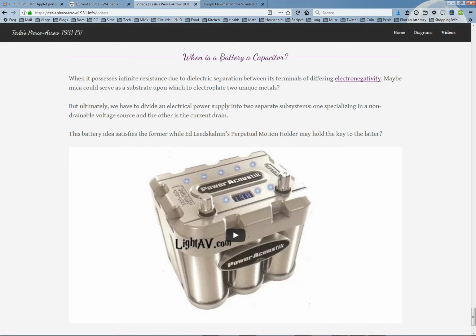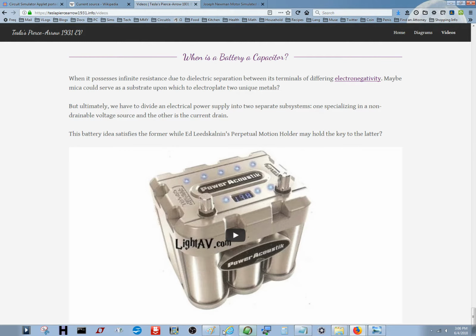Instead of using the same material substance for the two plates on either side of the dielectric, we change them. We choose them of a differing electronegativity. So like a dry cell battery, you might have carbon and zinc, but you have a membrane between them, allowing for current to flow in a direction opposite to the circuit.